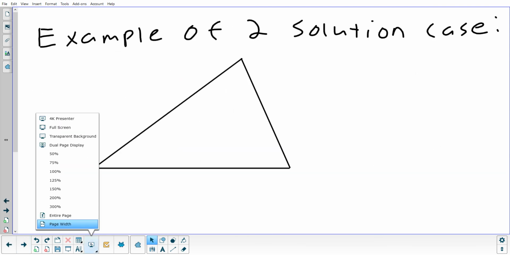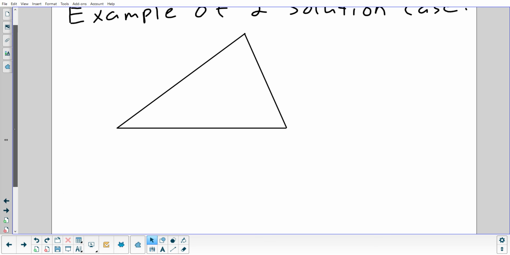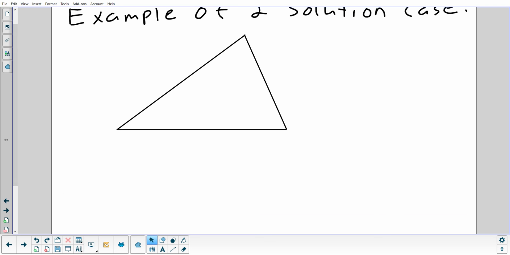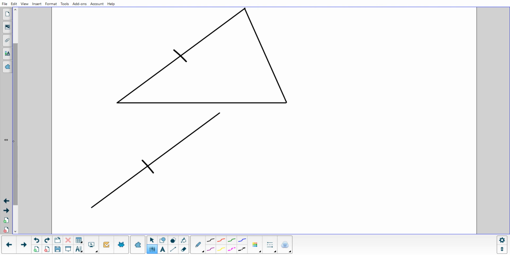Well, this is how. Let's start with this side, and I'm going to make a copy of it. By making a copy, does everybody agree that that side and that side are exactly the same? Okay, so I've got the side. So there's 2 triangles that have a side in common.